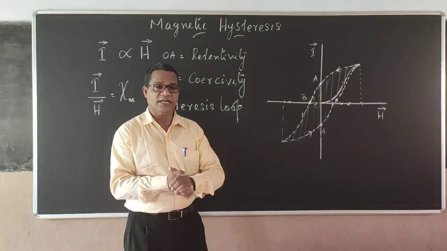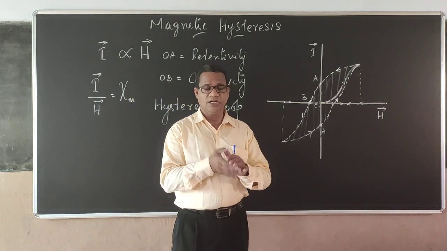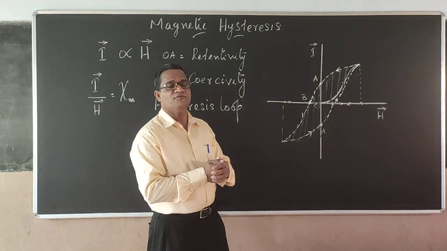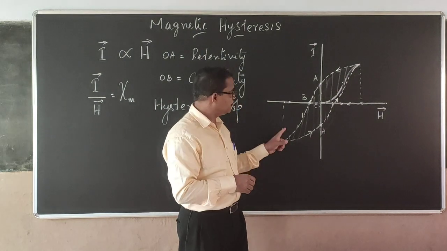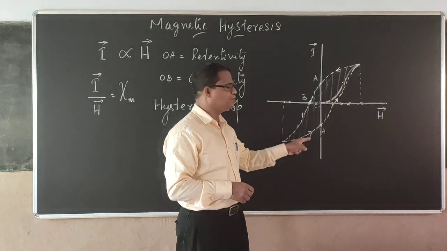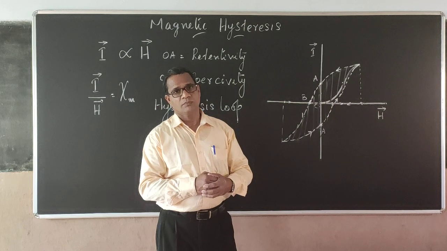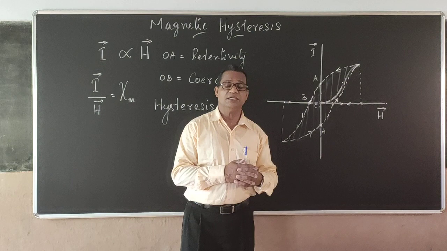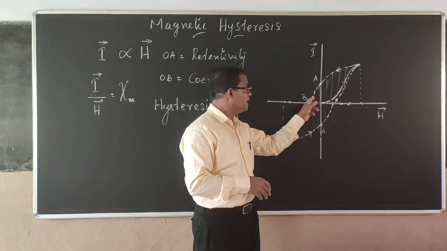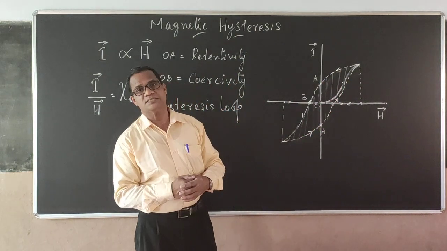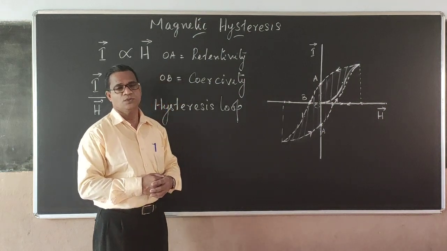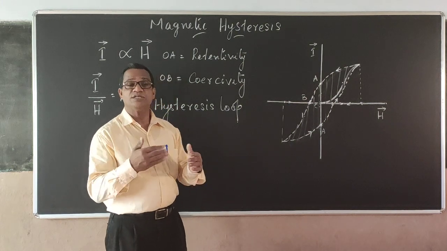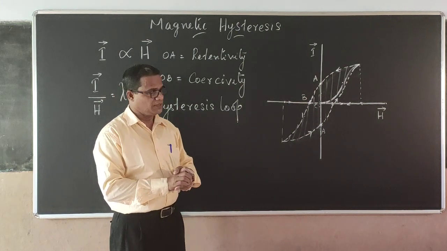So the amount of heat energy developed per unit volume of the material is found to be equal to the area of the hysteresis loop. So, if you get a large area of the loop, it means a large amount of energy wastage is coming.